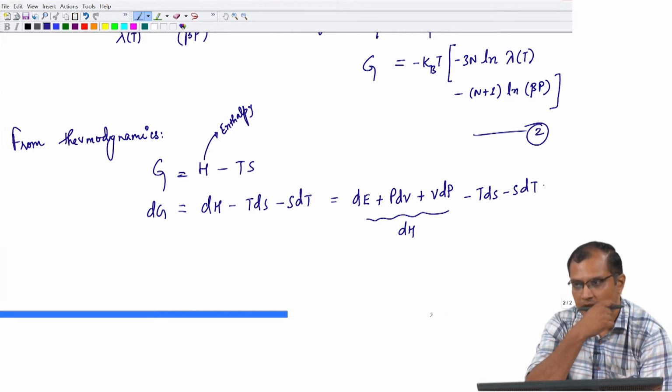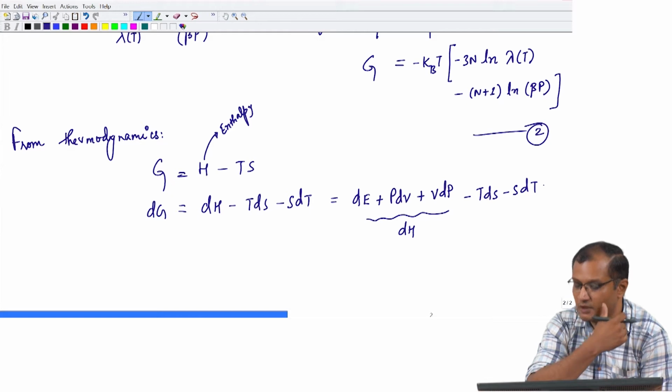Okay. So, you can now write down from the first law of thermodynamics, dE plus PdV minus TdS. Okay.